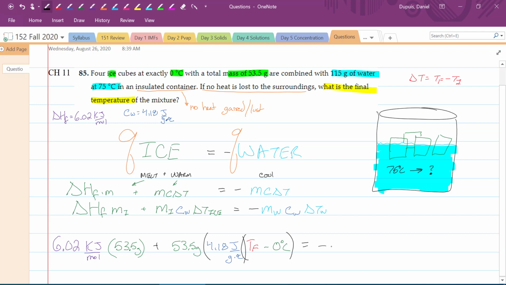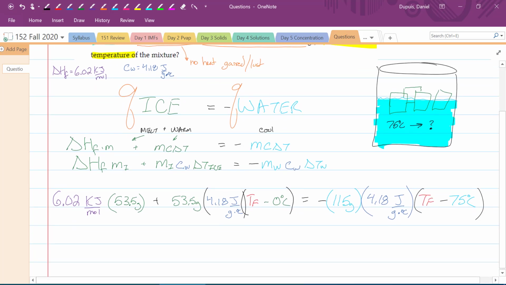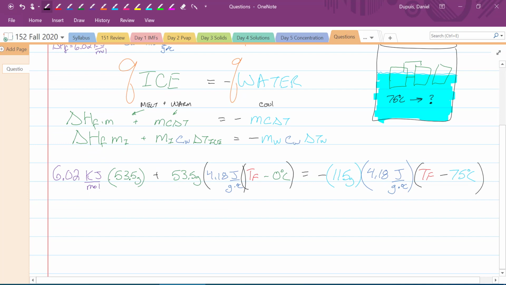Equals negative, the mass of the liquid water was 115 grams, times 4.18 joules per gram degrees Celsius, times final minus the initial, and that initial was 75. As you can see, we have some unit converting to do here with the delta H_f.